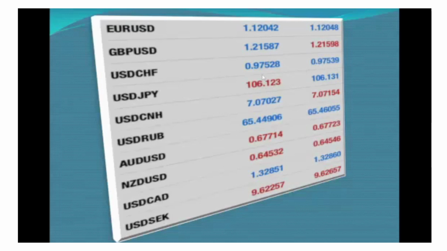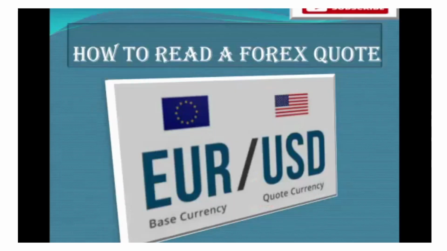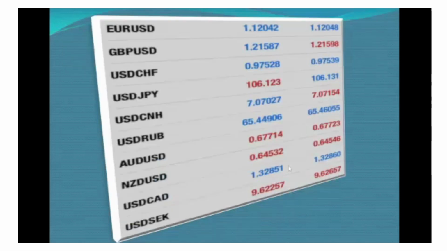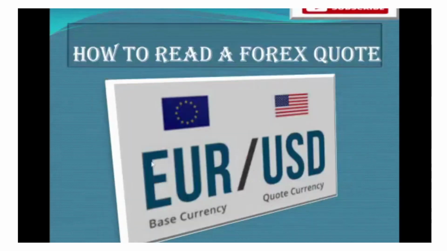So as you can see, whenever you see currency pairs quoted in this form in the foreign exchange market, you are simultaneously buying one and selling another. It may not be exactly EUR/USD as you see here, it could be any of these pairs, but that is what it means.